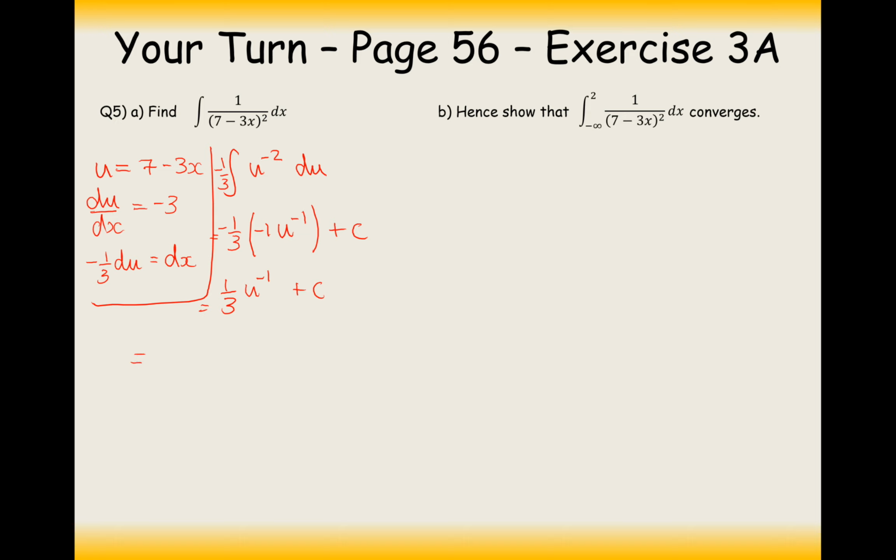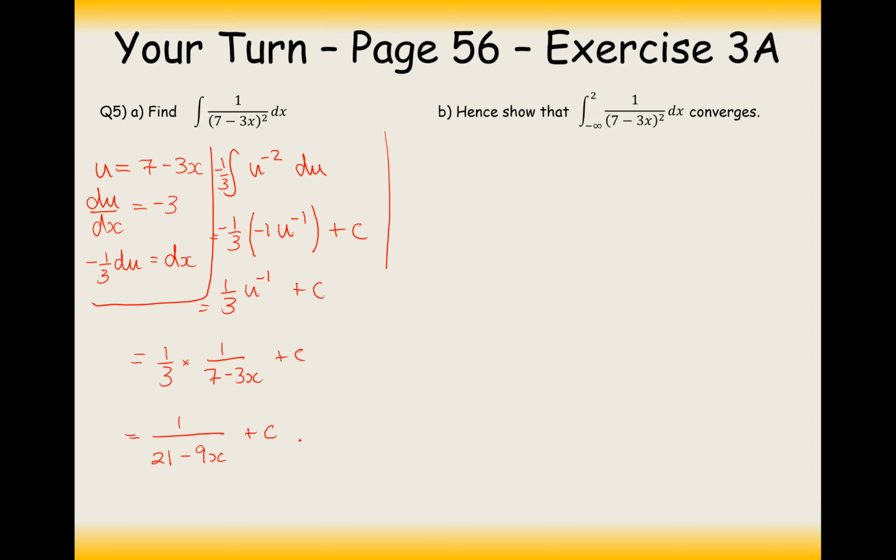So the answer to this integral will be 1/3 times 1 over 7 minus 3x plus c. So I'll times those two fractions together. So it's going to be 1 over 21 minus 9x plus c. So there we are, that's the answer for that question.